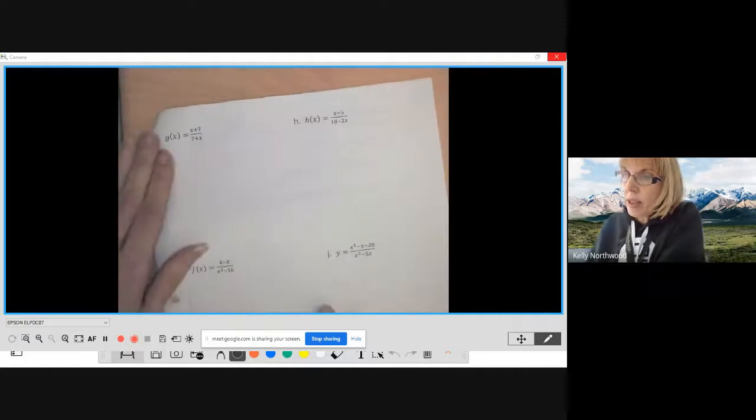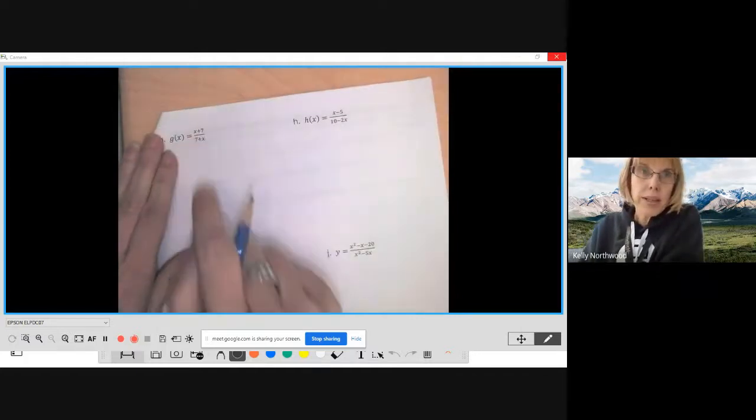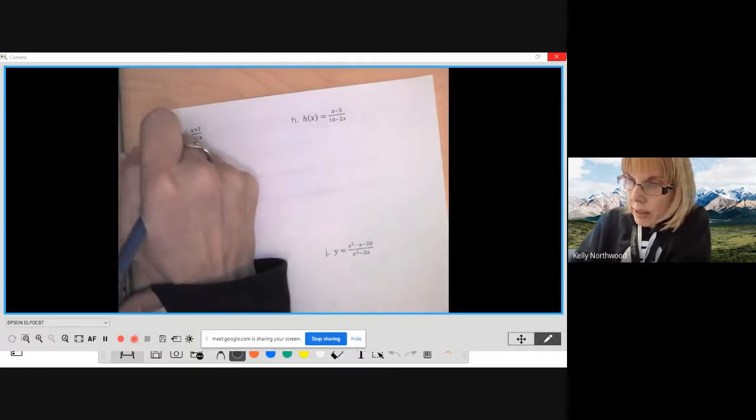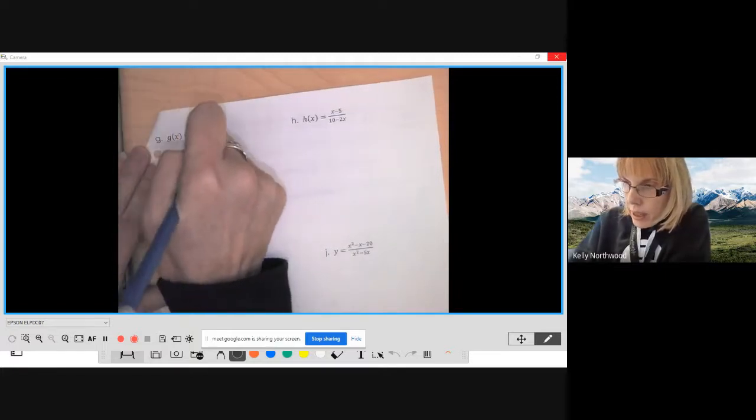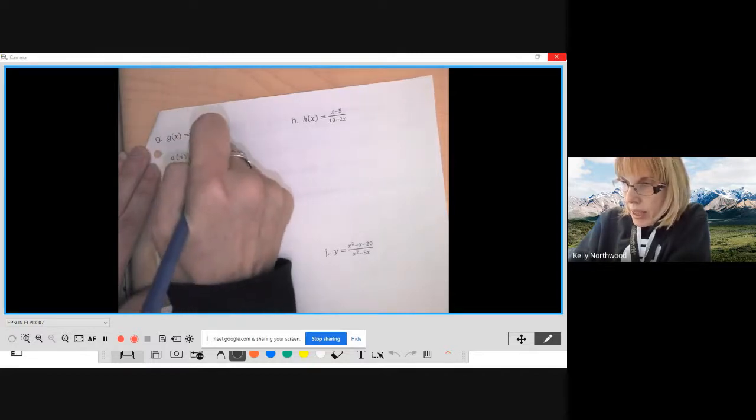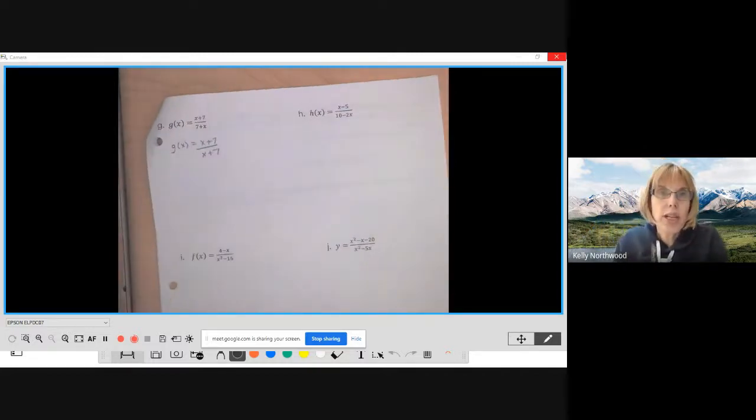But in this question, both x and 7 are positive in the numerator and both x and 7 are positive in the denominator. So really, I can just rewrite 7 plus x as x plus 7 without doing anything. I can just change the order. They're both positive. They already were the same, but now we've made them look exactly the same as well.